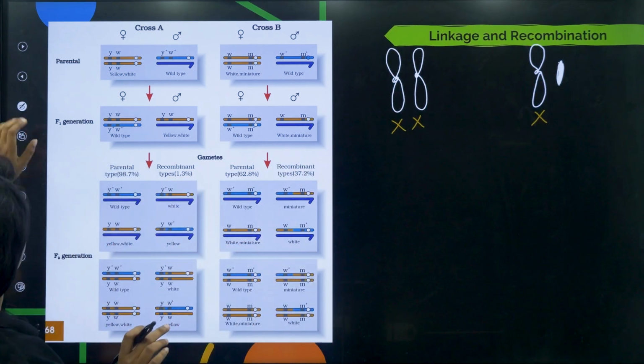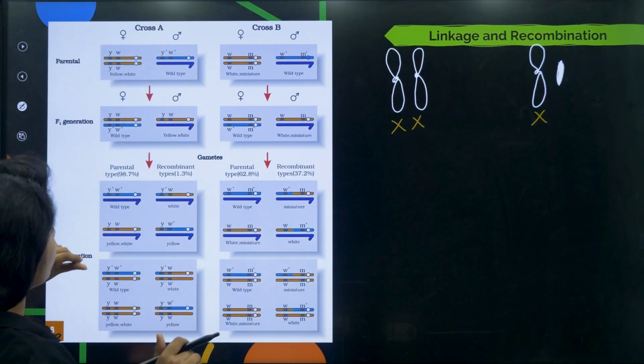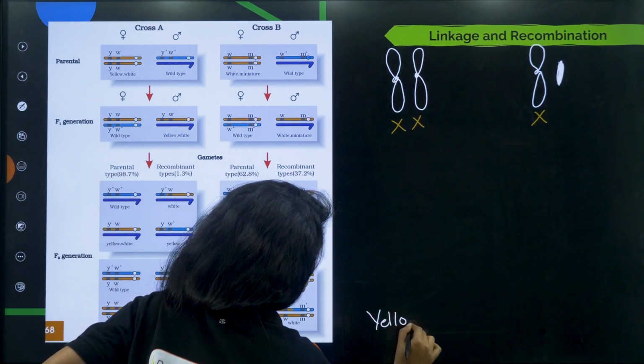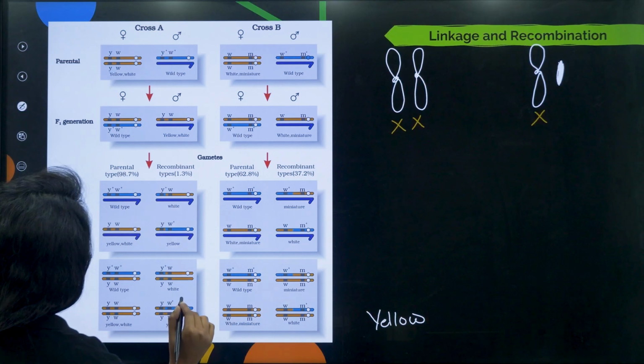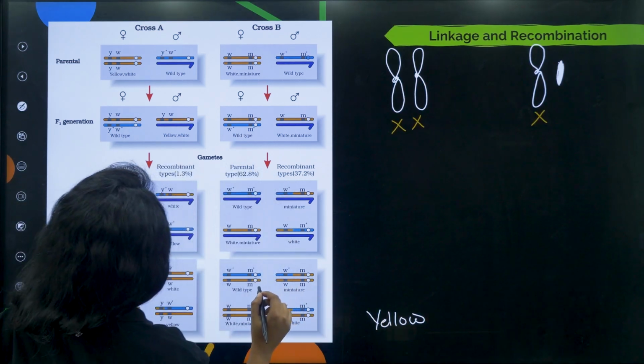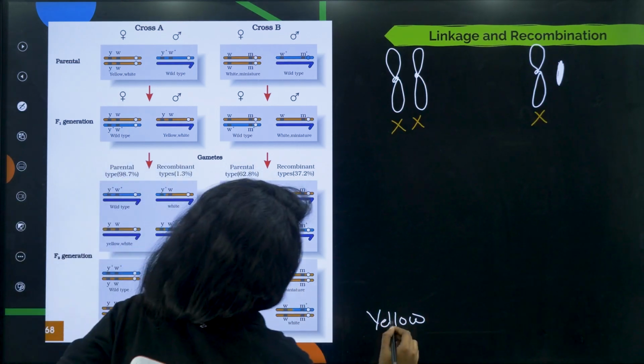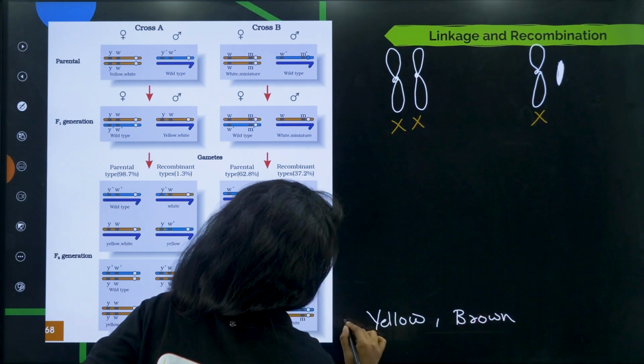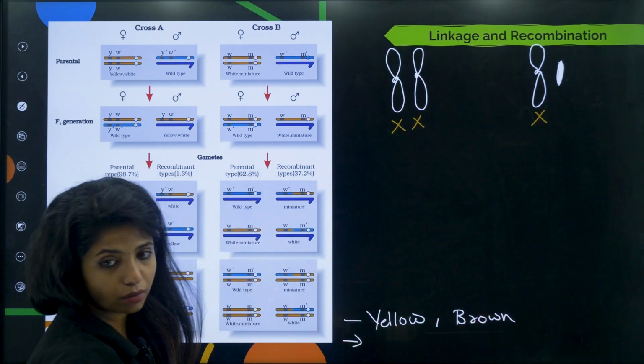So basically the characters that I took were yellow and brown. That was the body color.